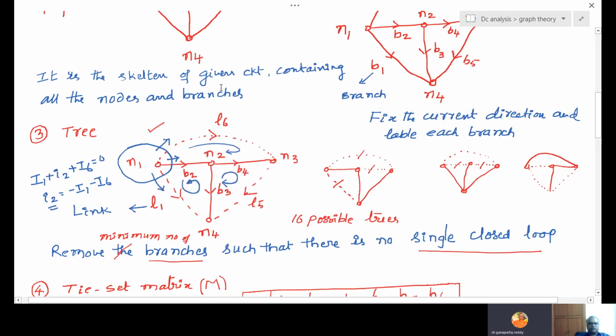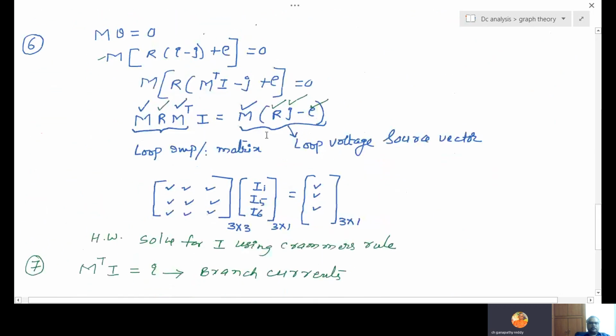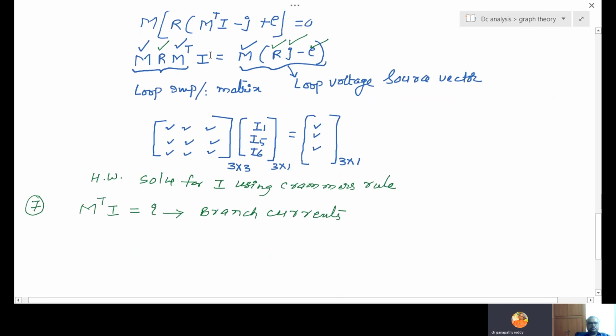So how is a machine helpful here? To write a MATLAB program. This is an equation derived earlier. So write a MATLAB program for this equation, supply all the matrices, then run the program and solve for capital I. Again, you use this equation, multiply, and you will get the small one.